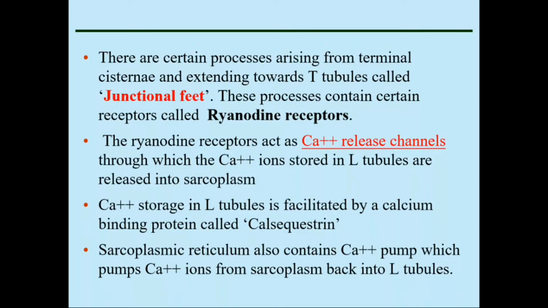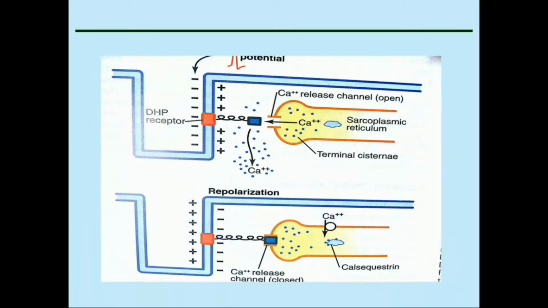Then there is something called as calbindin, which is present in the intestinal epithelial cells and so on. So the one that is the calcium binding protein in the skeletal muscle, which is present in the L tubules, is the calsequestrin. The sarcoplasmic reticulum also contains the calcium pump, which pumps the calcium ions from the sarcoplasm back into the L tubules.